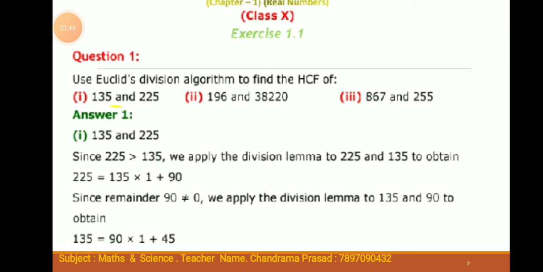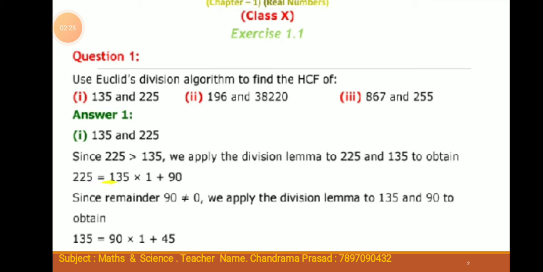Use Euclid division algorithm to find the HCF of first, 135 and 225; second, 196 and 38,220; third, 867 and 255. Solution. First, the given numbers are 135 and 225.